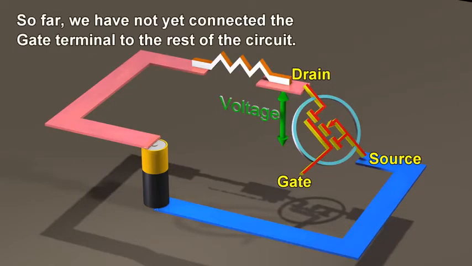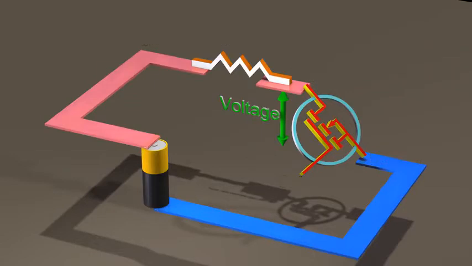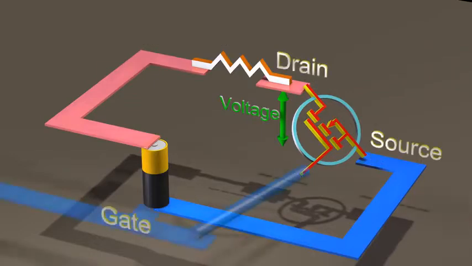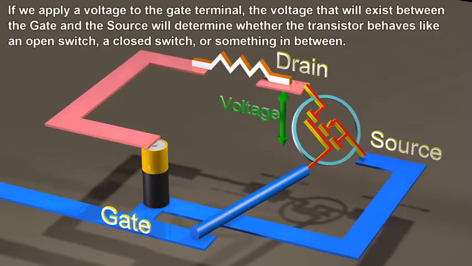So far, we have not yet connected the gate terminal to the rest of the circuit. If we apply a voltage to the gate terminal, the voltage that will exist between the gate and the source will determine whether the transistor behaves like an open switch, a closed switch, or something in between.